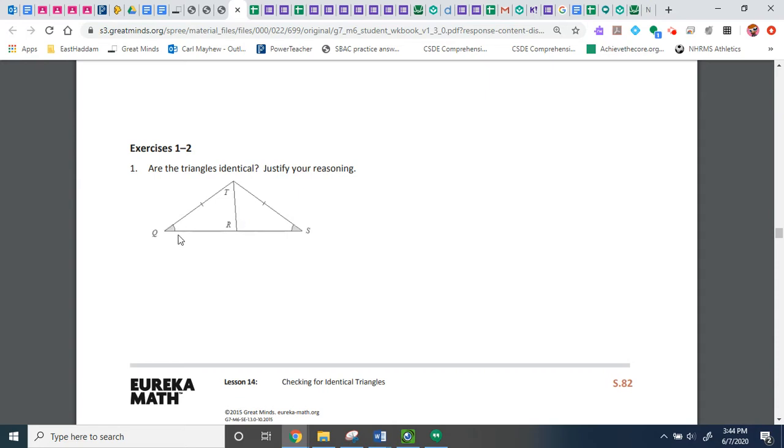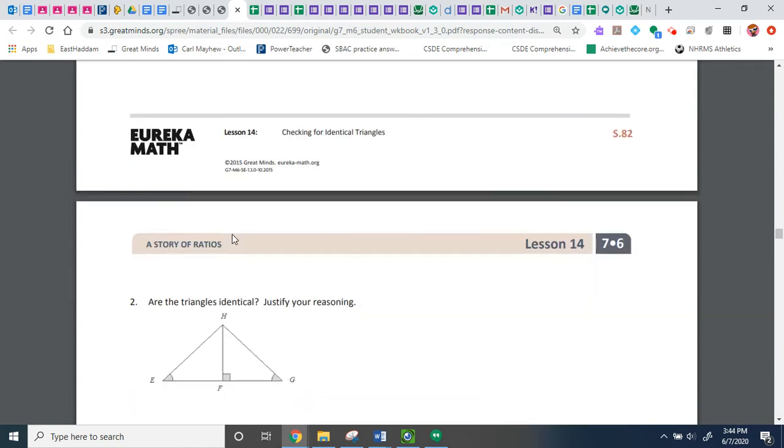I'm not going to spell that out, but anytime that you see angle, then side, you know that that's not enough information to show whether or not these are congruent triangles. So with this one, we can say they are not identical triangles, and the reason why is because we don't have enough information to say whether or not they're congruent triangles.